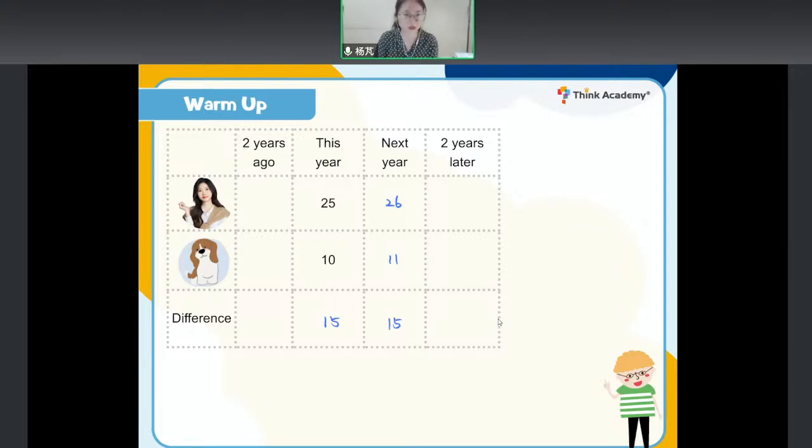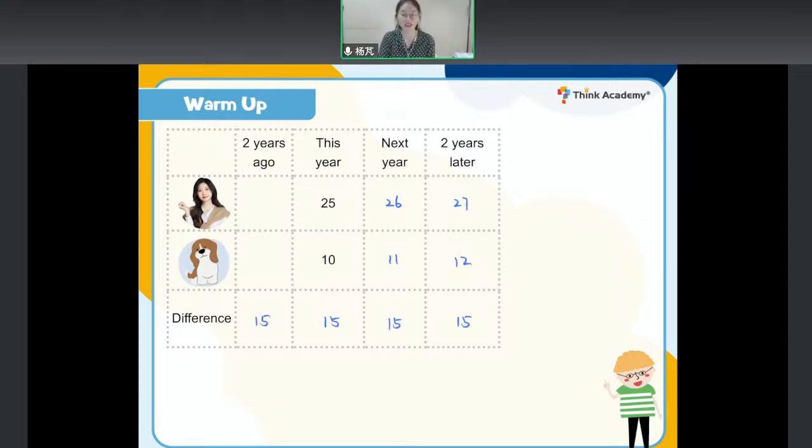What about 2 years later? 2 years later, I will be 27 years old, and my dog will be 12 years old. The difference is also 15. So guys, quickly check. Can you tell me the difference between our ages 2 years ago? 2 years ago, also 15.